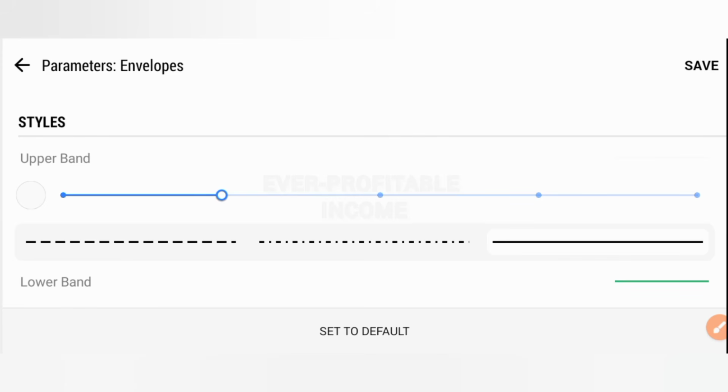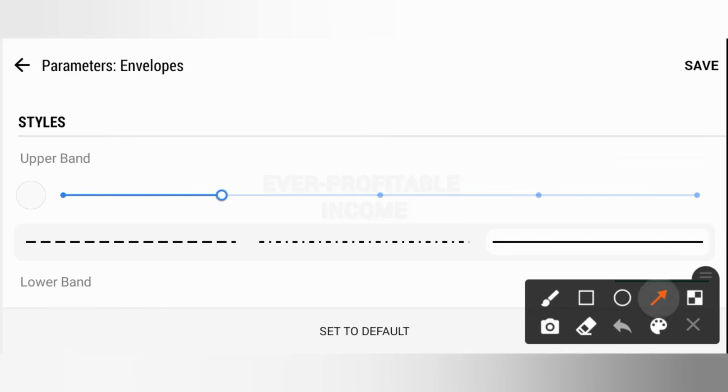On the style, this is where we deactivated the other band and made it invisible so it won't show on the chart. We had to make it the same color as our background, and our background is white, so we use white for the upper band. This is the upper band over here, and that's the color.